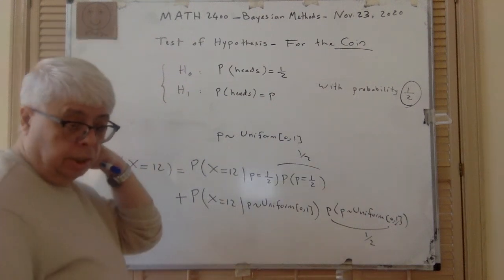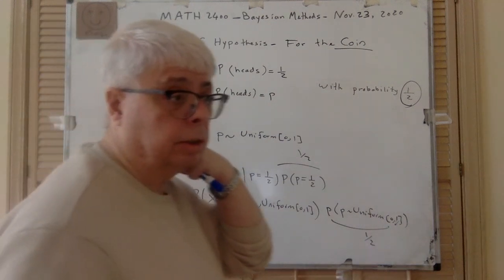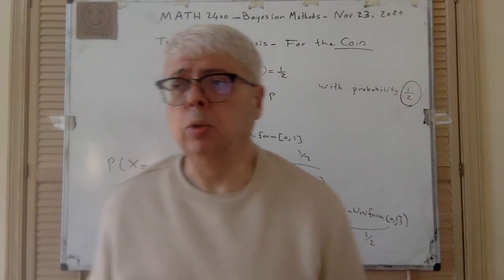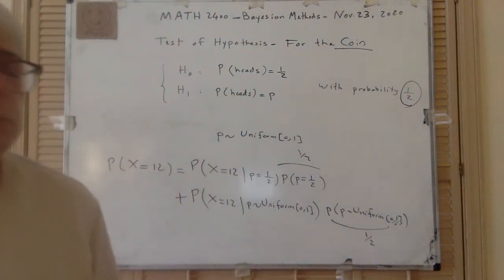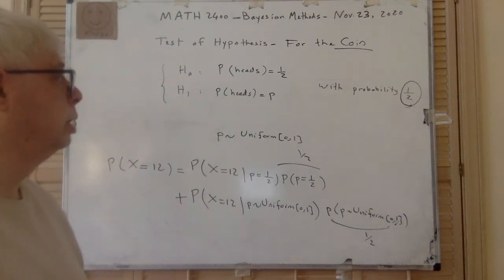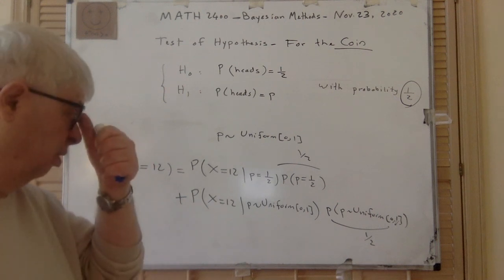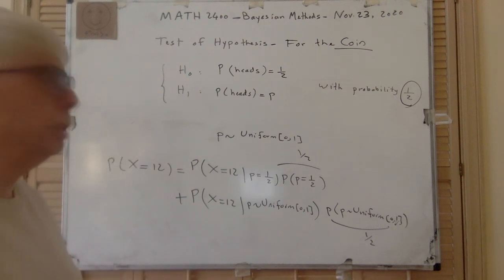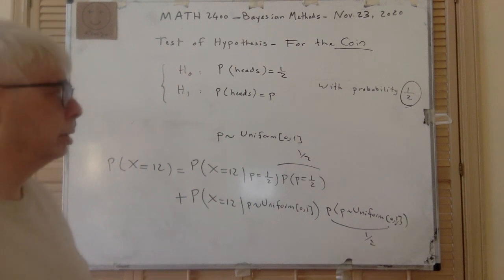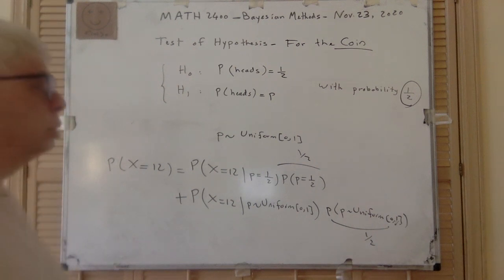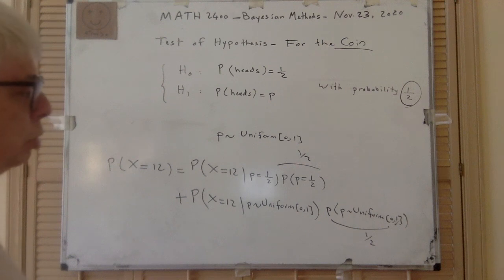So that is when you have a distribution with some parameter, P in this case, and this does not have a discrete distribution. The parameter has a continuous distribution. So what do we do when we have a continuous distribution?